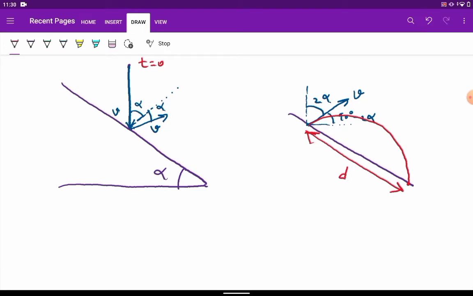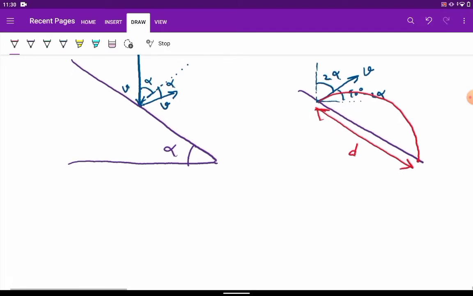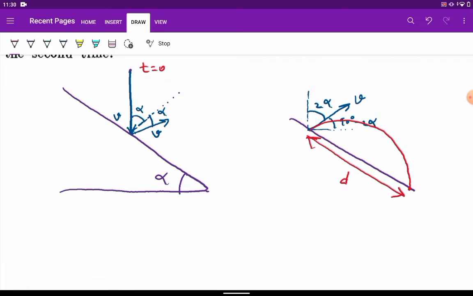Now, of course, this height is h, the height the ball falls before the collision.